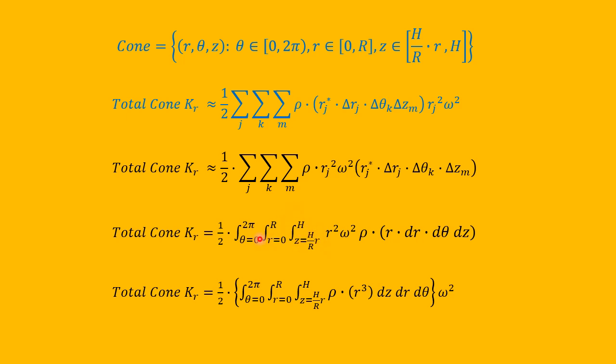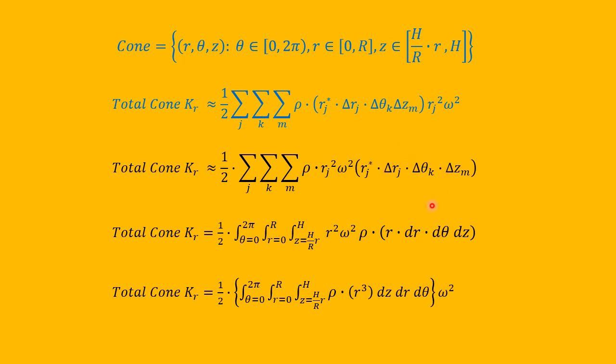These limits on these iterated integrals just came from the description of the cone up here. And so then it's integrated over this stuff. But here we have basically r times delta r times delta theta times delta z.